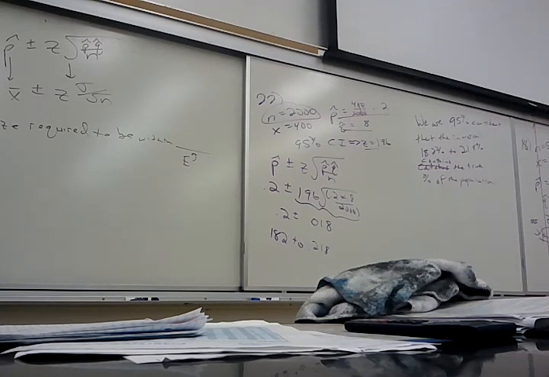So if I want to find how large of a sample I've got to take, let's say I got to be within 2% of the true percentage of people that smoke, how large of a sample do I have to take? For 7.2, it would be this formula. And for 7.3, it's this formula here.